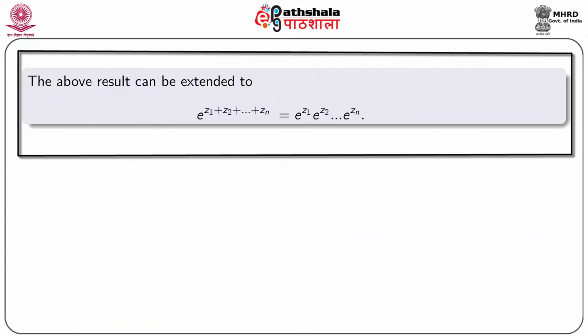This result can also be extended to e to the power z1 plus z2 plus up to zn is equal to e to the power z1 into e to the power z2 into up to e to the power zn.